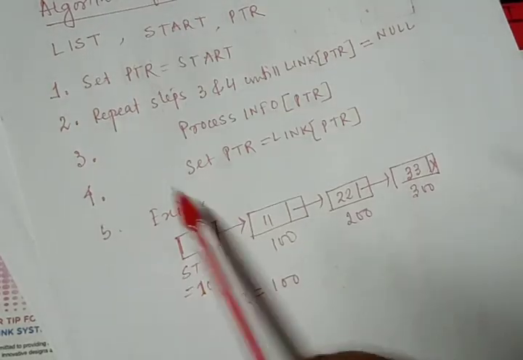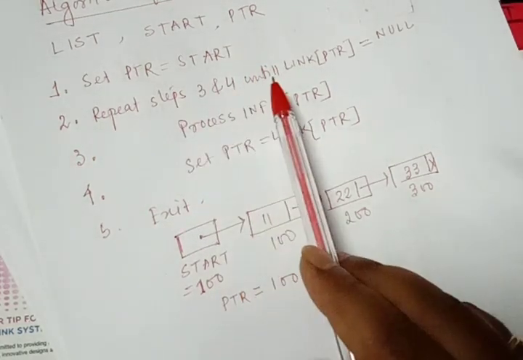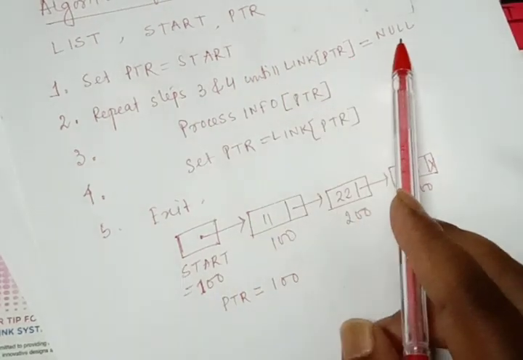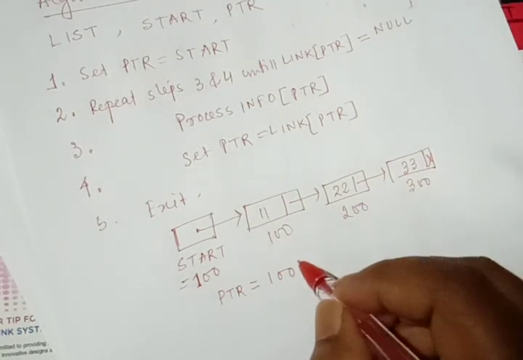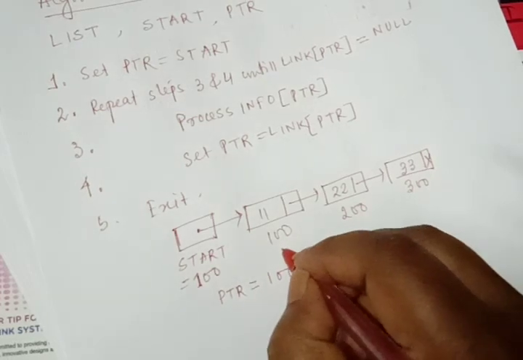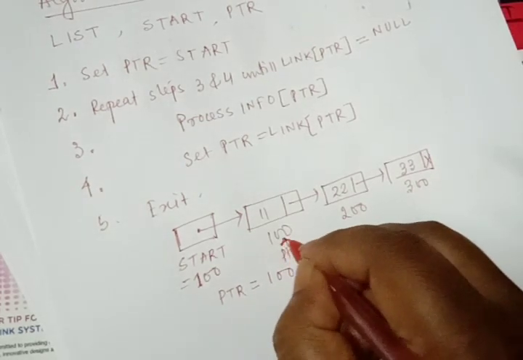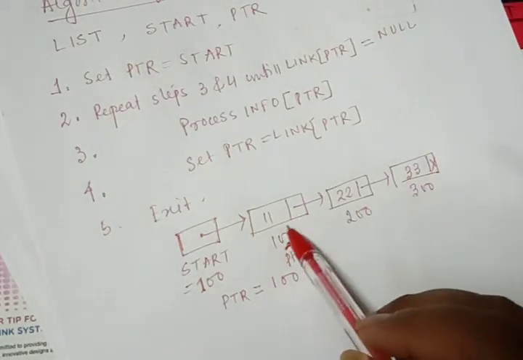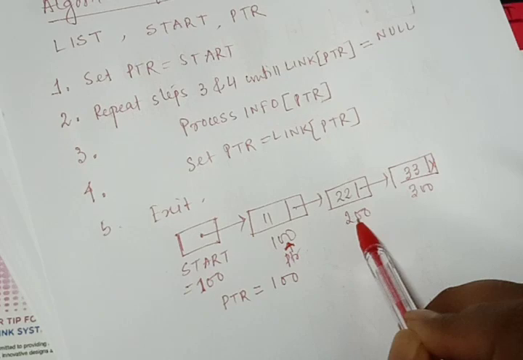Now in step 2, repeat steps 3 and 4 until link of ptr equal to null. So here you see the value of ptr is 100, that means ptr points to this node 100, and the link of 100 is what? The link of 100 is 200, which is not equal to null.